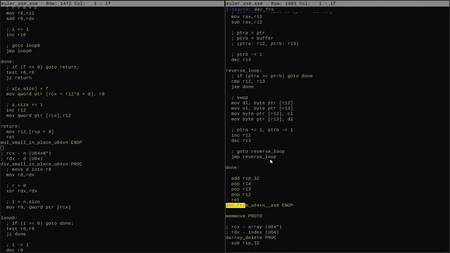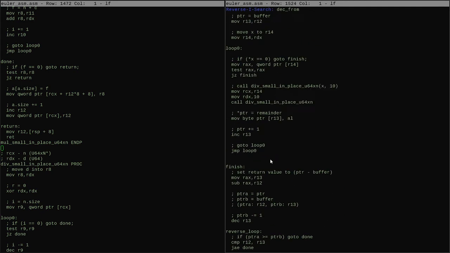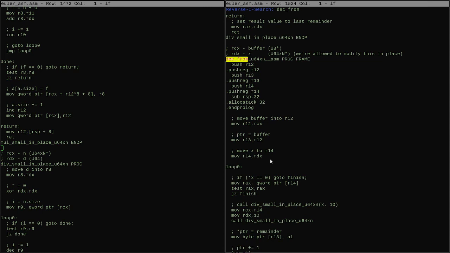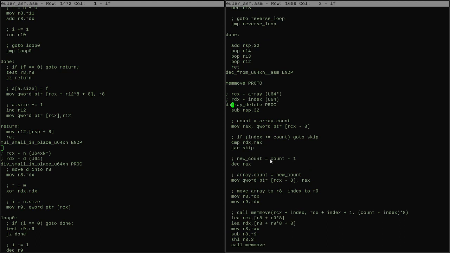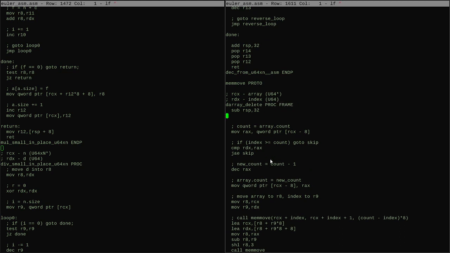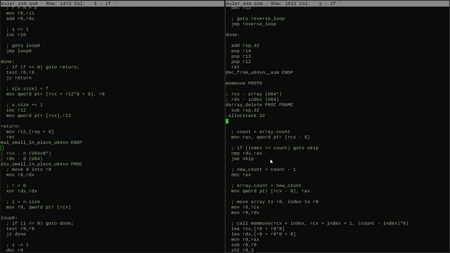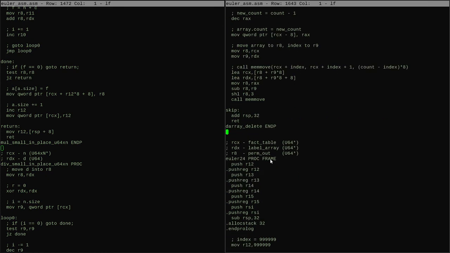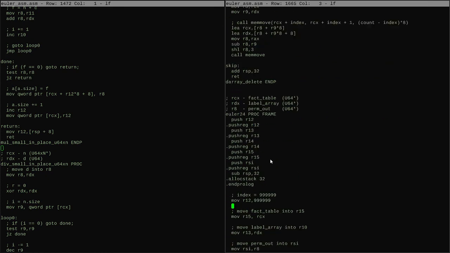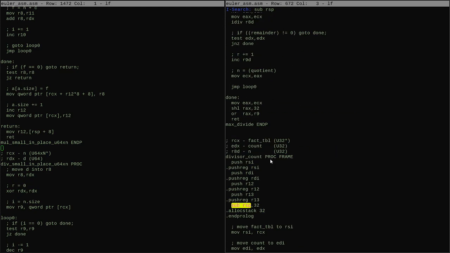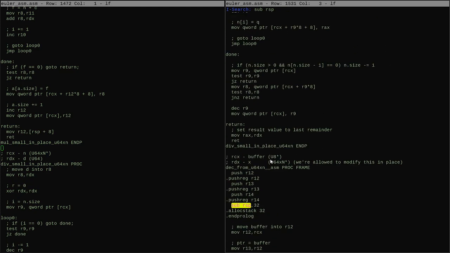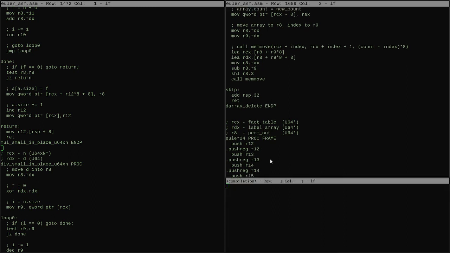Dec from U64 by N does not use the stack. Okay. This one uses sub RSP, so we want to do alloc stack 32 and prolog, and there we go. Okay, let me double check I got all the sub RSPs. Got you, got you, got you. Okay, we're good.